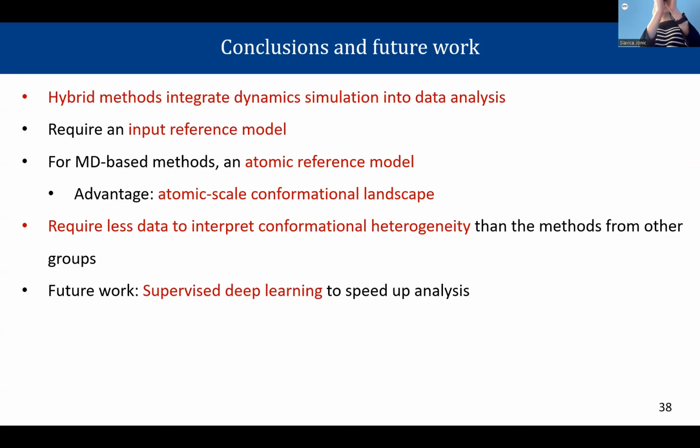Then you train the network to learn the relationships between the data and the output fitted conformations for this small subset. Then hopefully, if the network learned well, you can use it at the inference phase to analyze a much larger data set. Like this, it will be just prediction and faster.